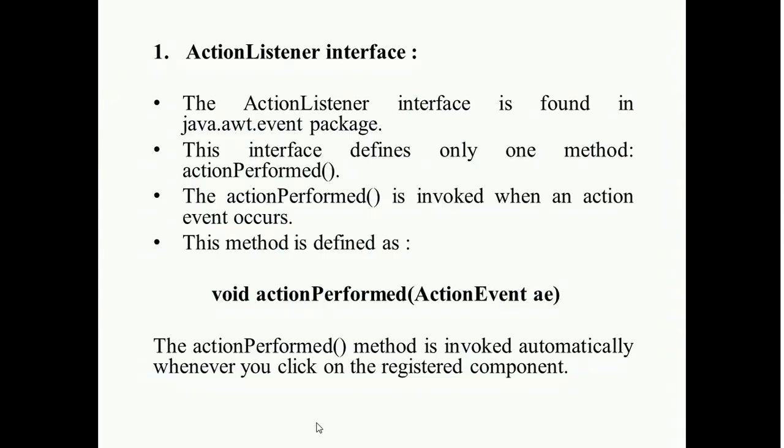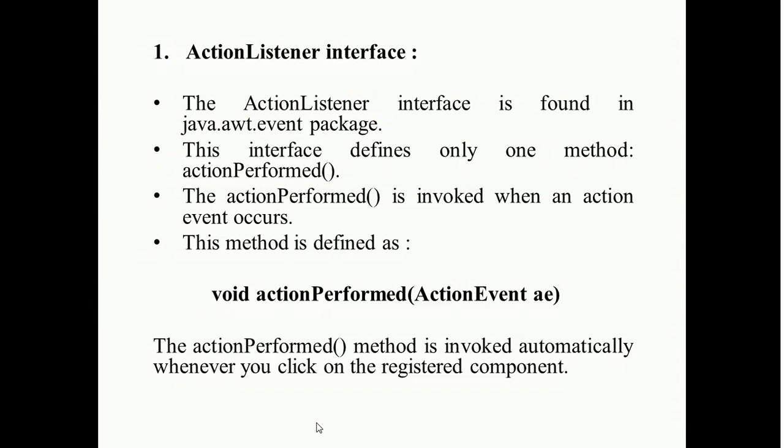See the first one, what is the action listener interface? The action listener interface is found in the java.awt.event package. So when you use the action listener interface, that time the java.awt.event package is used.